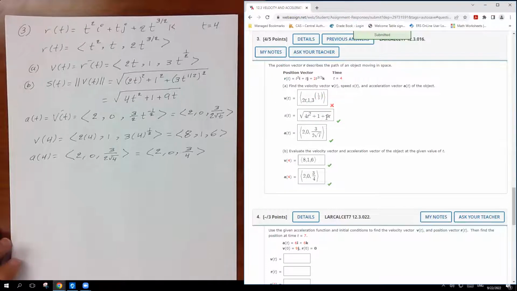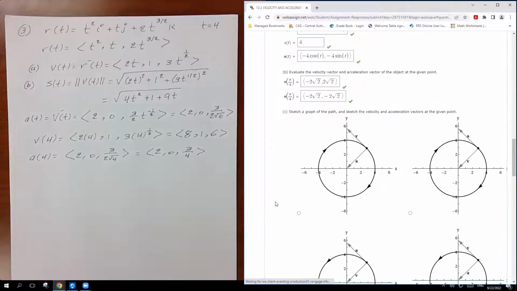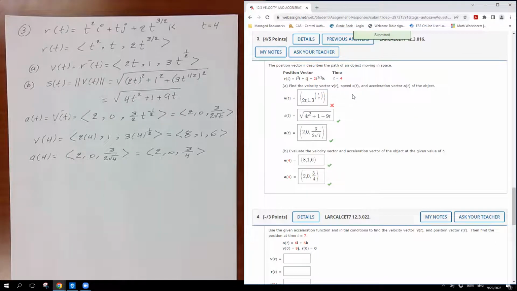Was the wrong thing here. 2t, 3t. Oh, why did I put the 3? It's 2. It's still wrong. 3. Oh, where is the t?